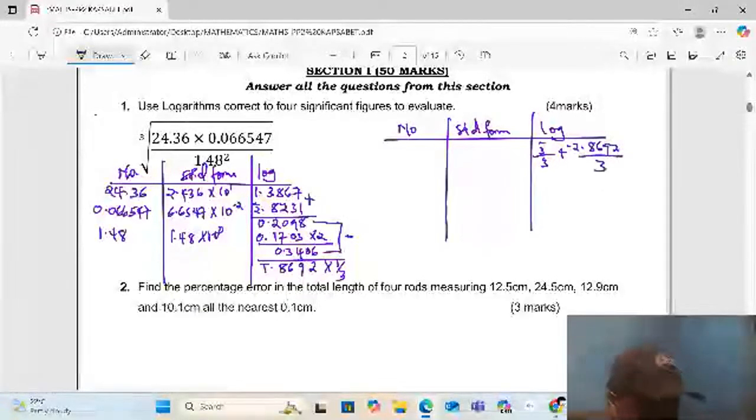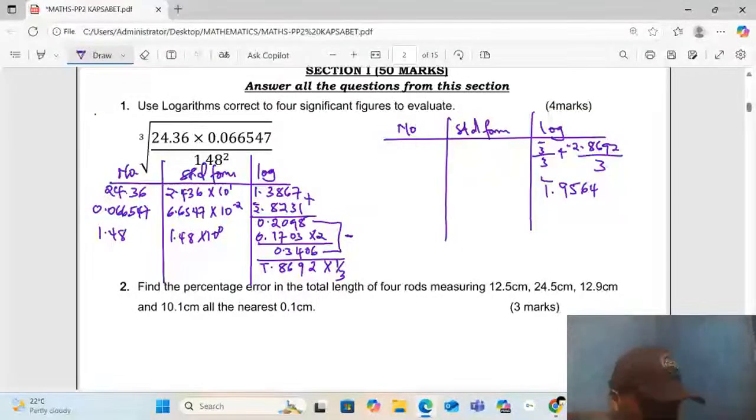We also divide by 3 because of the negative, that is bar 1. So we're going to have bar 1 point, that is negative 3 divided by 3, then 1.956, result of dividing by 3.